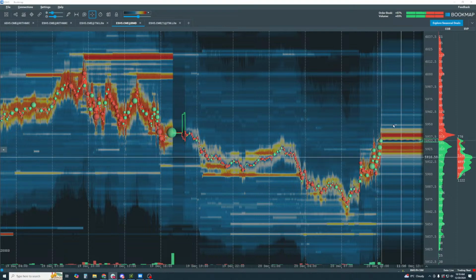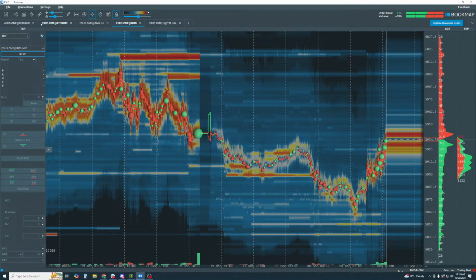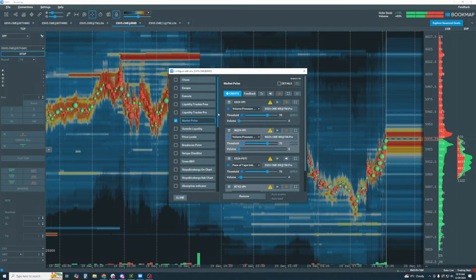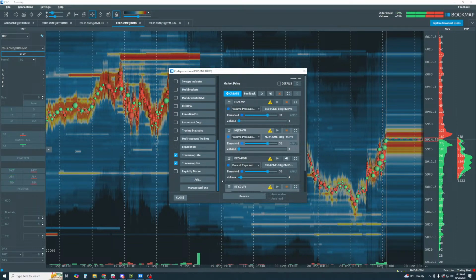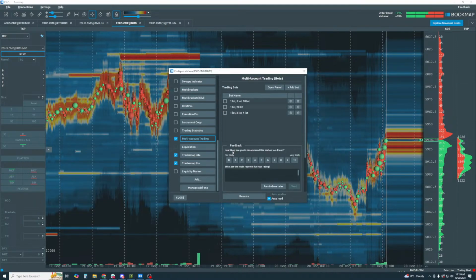Okay, so for example, we'll just even open up the trading. I believe the trading will work here. Let me take a look. I'll send it to the ES Rhythmic, and I'll be using the add-on in here, the multi-account. Okay, so I'm going to click that. I believe this will work. And we'll go with the 1 lot, 2 lot, 4 lot bot.